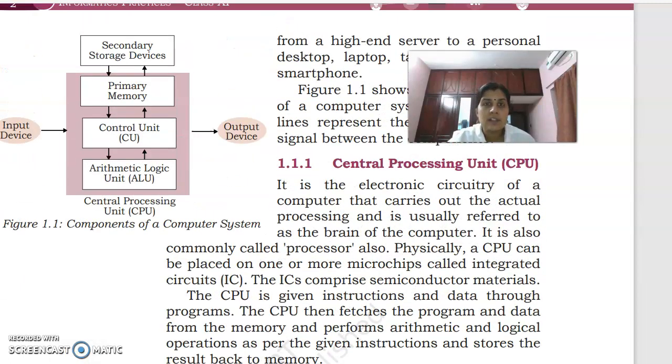So these are about the CPU. What we studied: CPU is known as the central processing unit. It consists of two parts, they are ALU and CU. ALU does arithmetic and logic operations, and CU controls the overall operations of a computer.